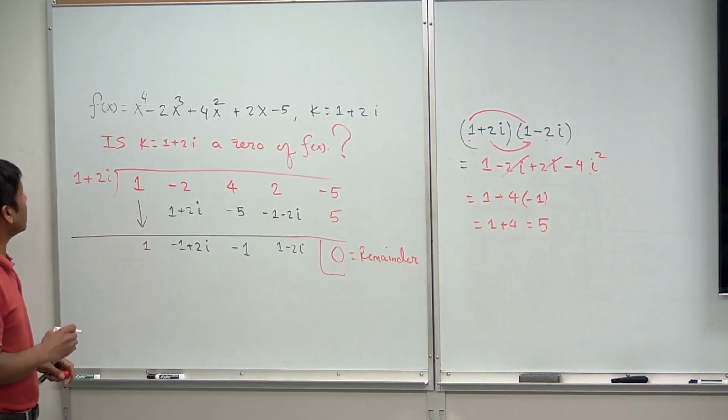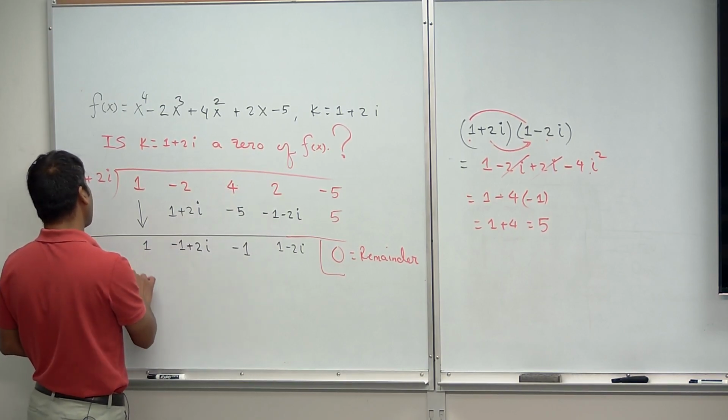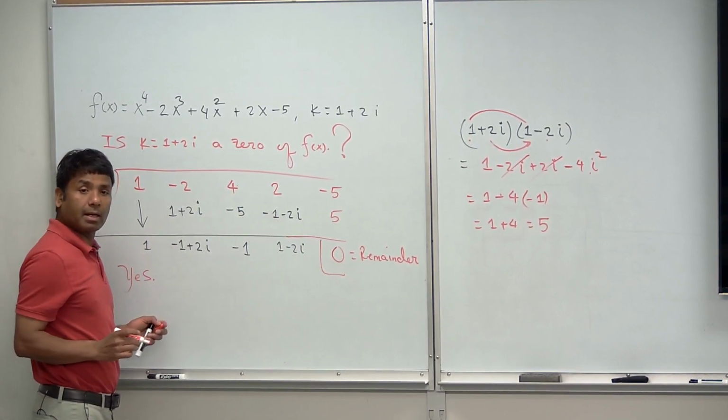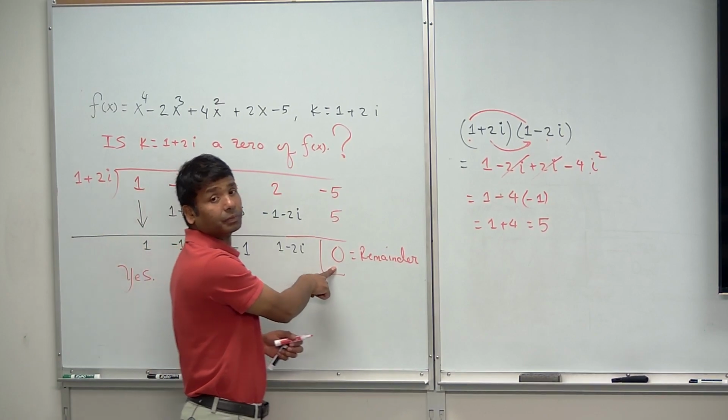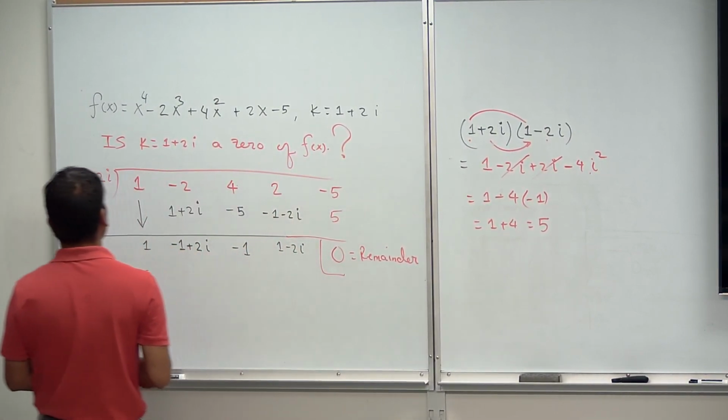Right? So the answer is what? Is k equal to 1 plus 2i a 0 of f(x)? The answer is yes. Why is that? Because the remainder equals 0.